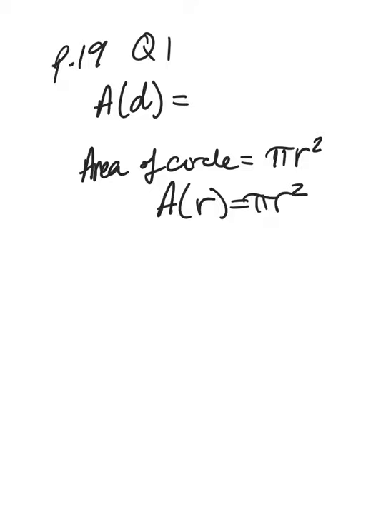This problem is asking you for diameter as a variable. So you've got to look at the relationship between radius and diameter. Radius is half the diameter, or 2 times the radius equals the diameter.